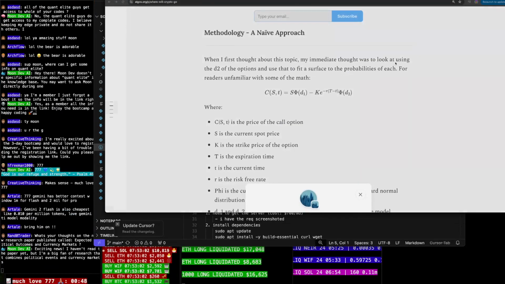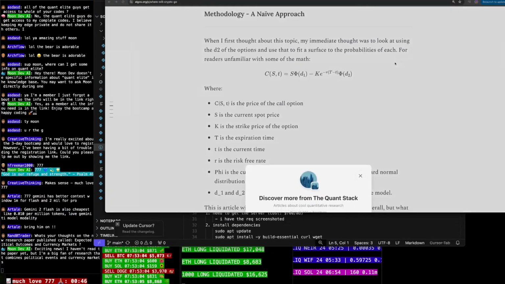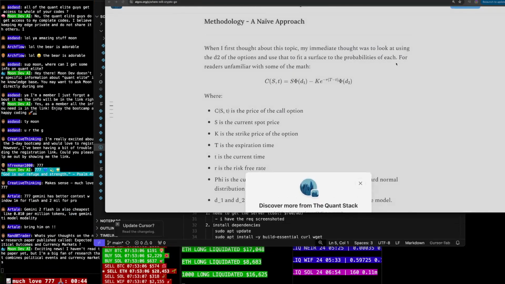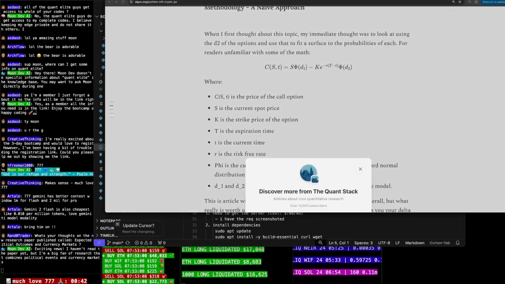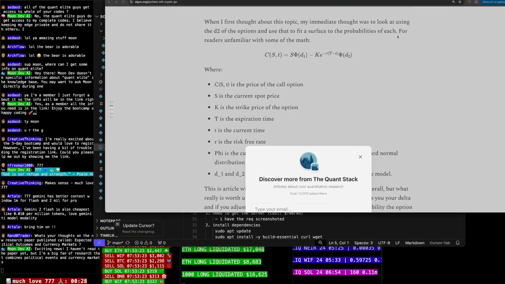When I first thought about this topic, my immediate thought was to look at using the D2 of the options to use the fit probabilities for each.